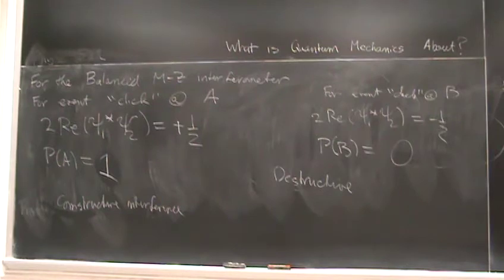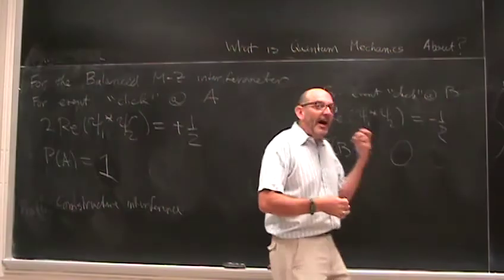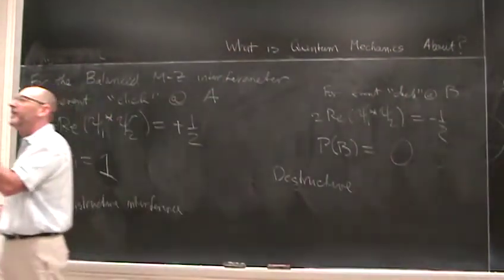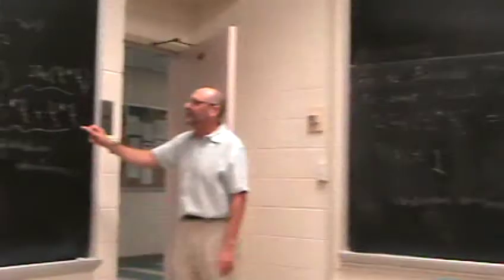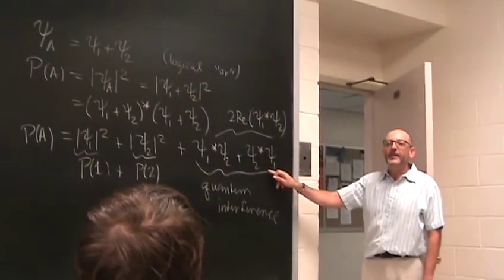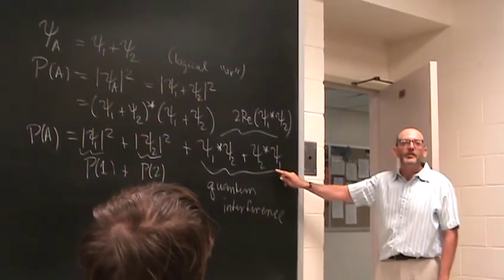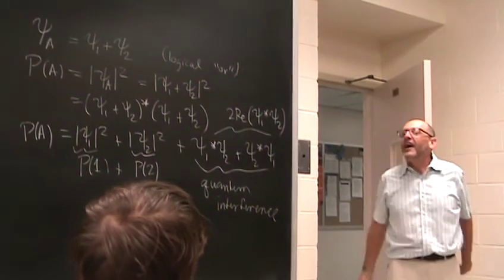We have to think there's a potentiality, there's a possibility that this or that happened. And to each one of those potentialities, we assign an amplitude. And then to get logically the total probability for the outcome, the logical OR, we add the amplitudes and then square it to get the total probability. And the result of doing that is that we will get these cross terms. We will get these interference terms. And those interference terms defy logic.